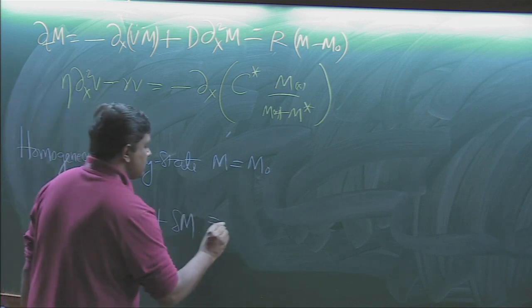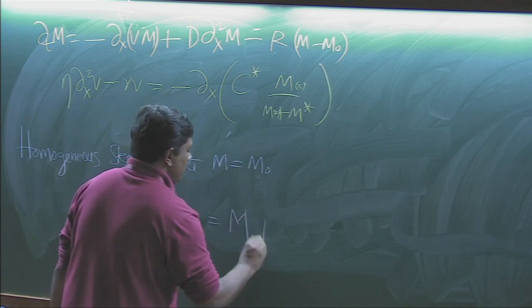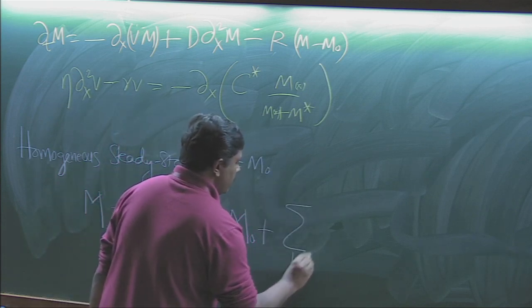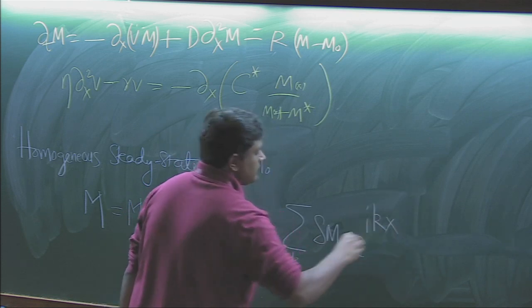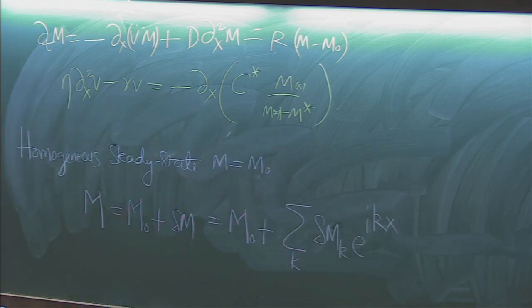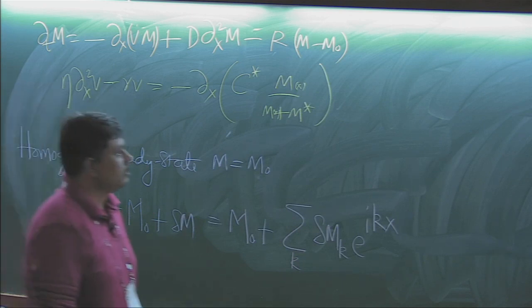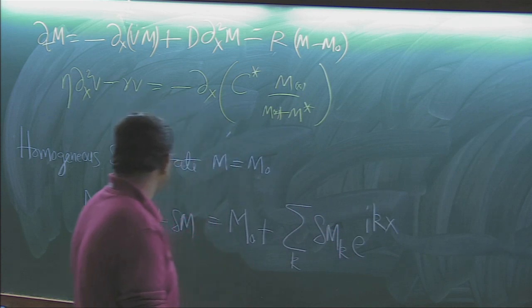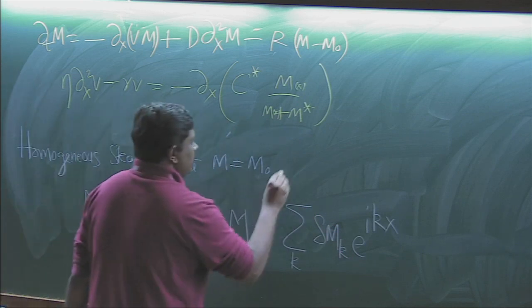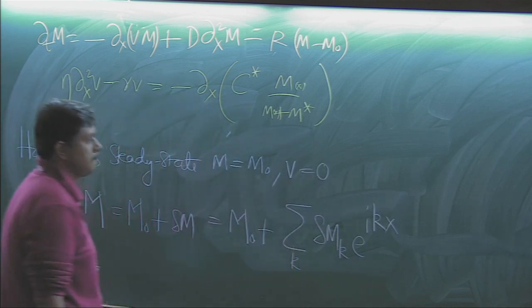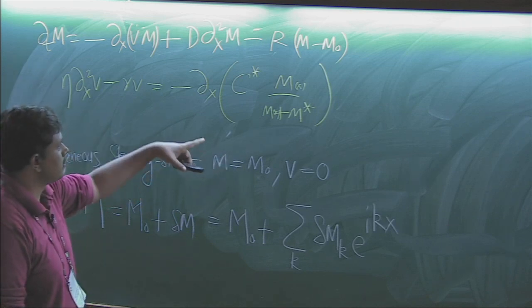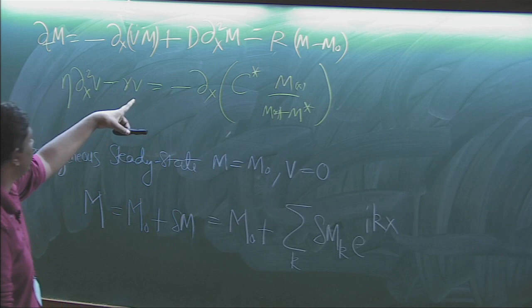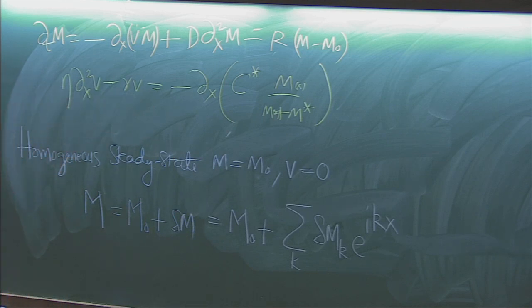And just like yesterday, m naught plus summation over k of delta m k e to the ikx. If m equal to m naught, which means m is homogeneous, these derivatives vanish, and so the only solution possible for this is v equal to 0.